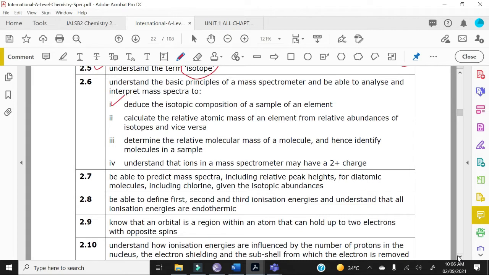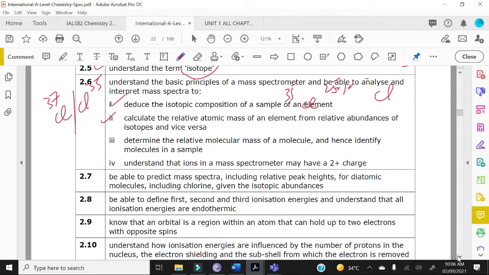We talked about chlorine, Cl35 and Cl37. Calculate the relative atomic mass of element from relative abundance of isotope and vice versa. We did this calculation. Cl35 was how much? 25%.